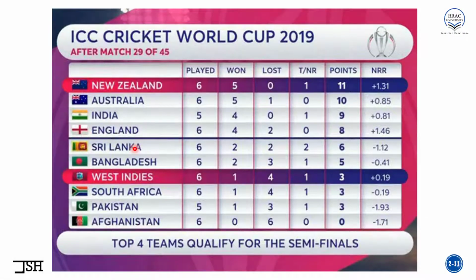Now let me give you another example here. So this is a ranking table from the ICC Cricket World Cup 2019. Now again, we have a ranking here. So this is a ranking of all the different countries in the game, right? At a certain specific point in time. So as we can see here, New Zealand was at the top, then Australia, then India, then England, and so on. So here as well, we have different categories.